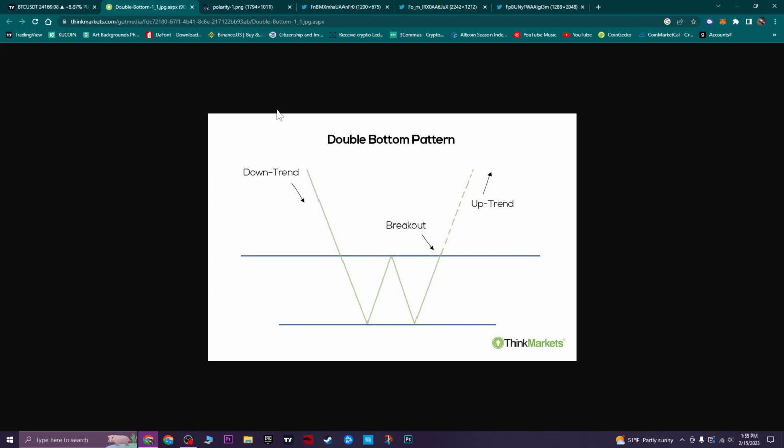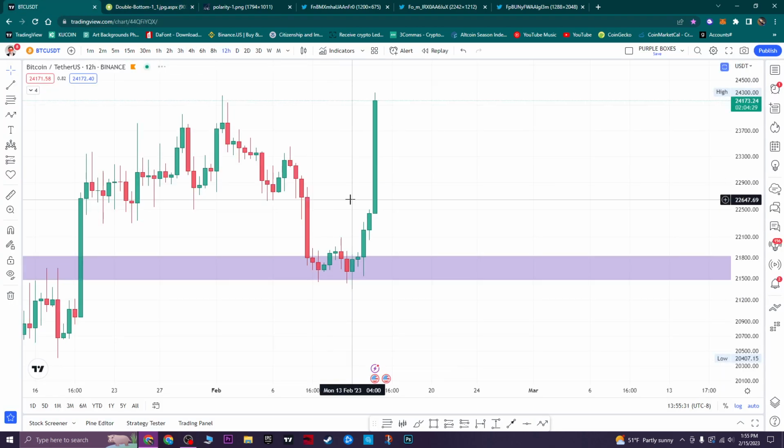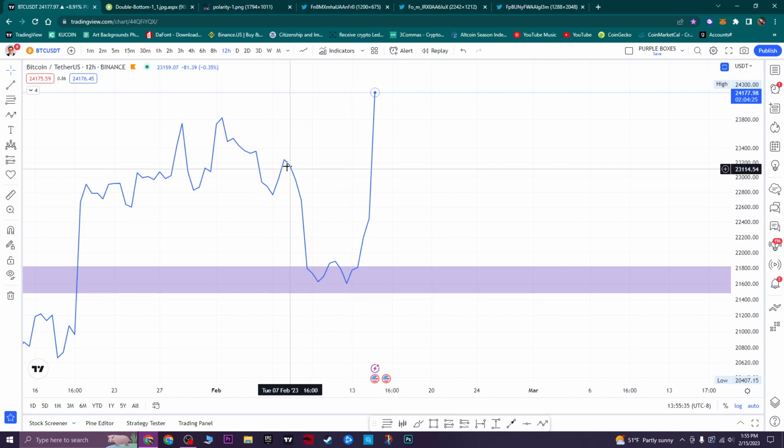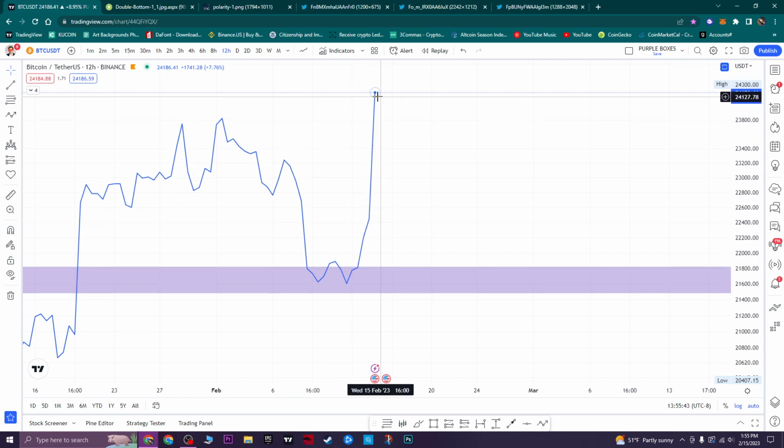See, let me explain to you. We got the double bottom pattern. I wanted to explain to you guys a little better with images and examples of what the double bottom pattern should look like. And please tell me how you can see it, right? Massive move down, resistance, little move down, and we shoot up.